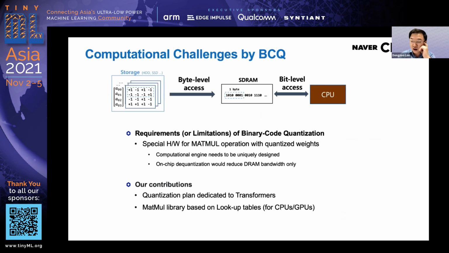But in this talk, as a cost-effective solution, we target CPUs or GPUs that have already been commercialized in the market. We can expect that for CPUs or GPUs, such bit-level accesses will be quite slow. That is why we propose a new matrix multiplication engine based on lookup tables that can efficiently utilize CPUs and GPUs to run BCQ-based transformer models.